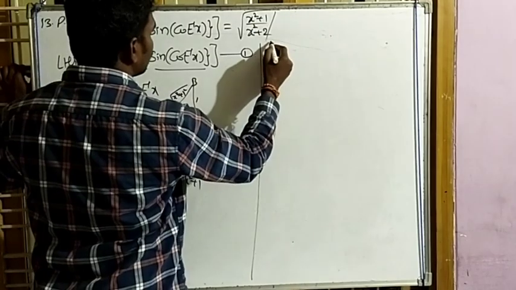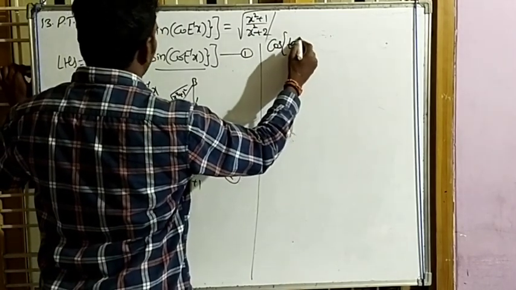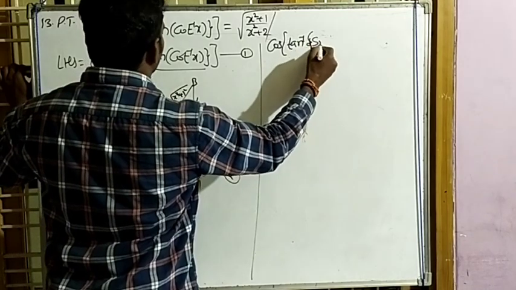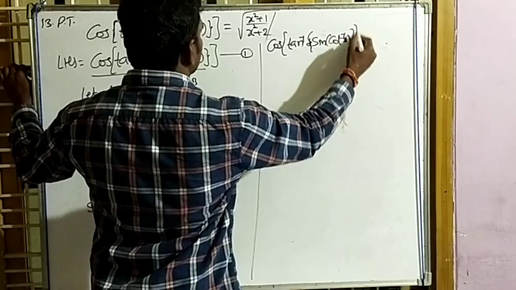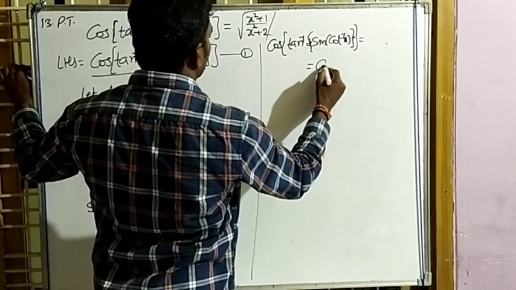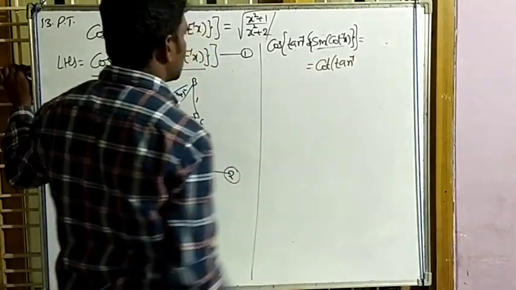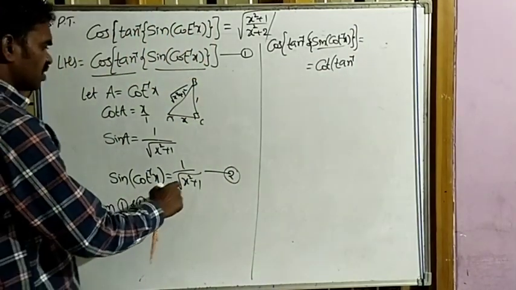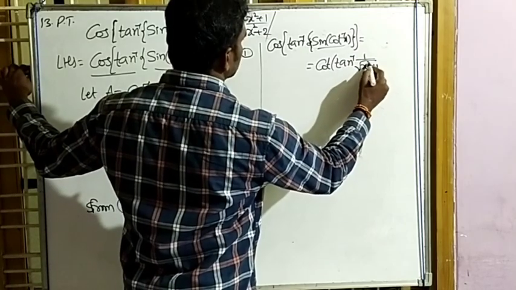Cos of tan inverse of sine of cot inverse x: instead of sine of cot inverse x, from equation 2 we can write 1 by root over x square plus 1.